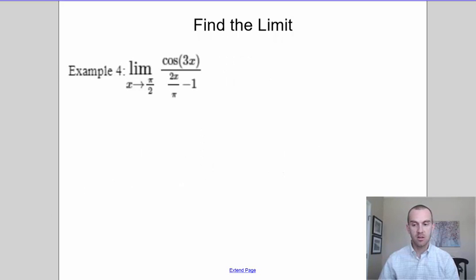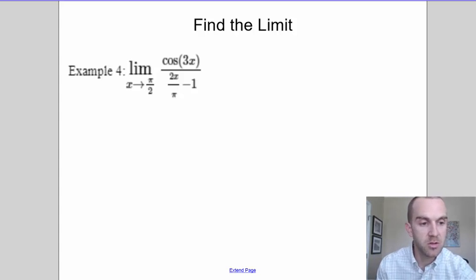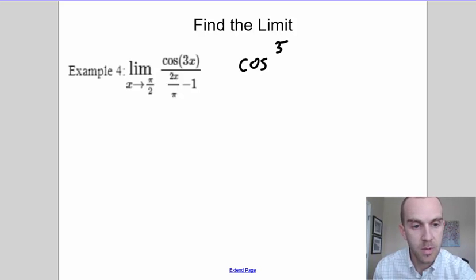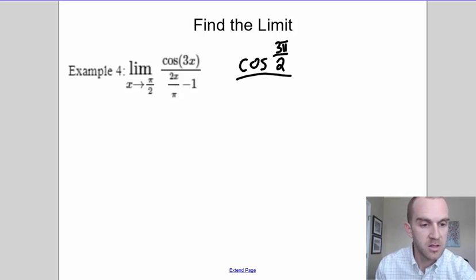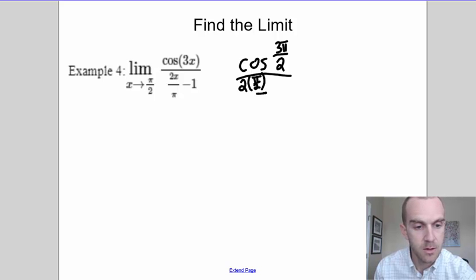All right, so now let's go to our final one here, where we have the cosine of 3x over 2x over pi minus 1. So first thing, cosine of 3x as x approaches pi over 2, this would be the cosine of 3 pi over 2, and then this would be 2 times pi over 2 over pi minus 1.